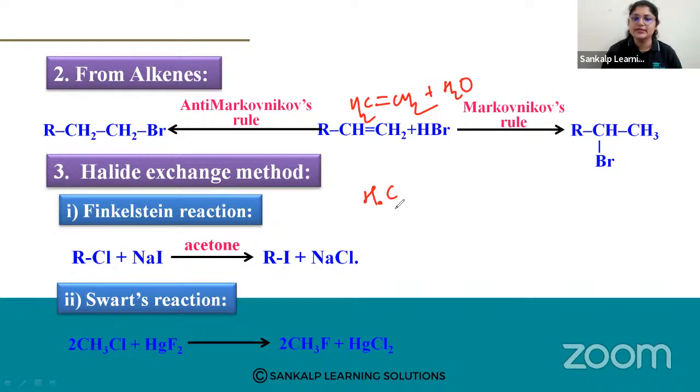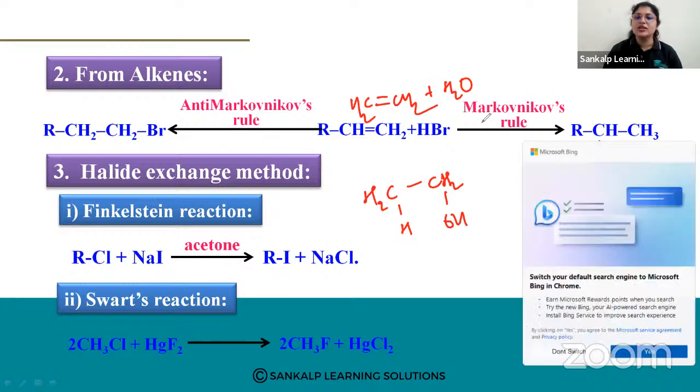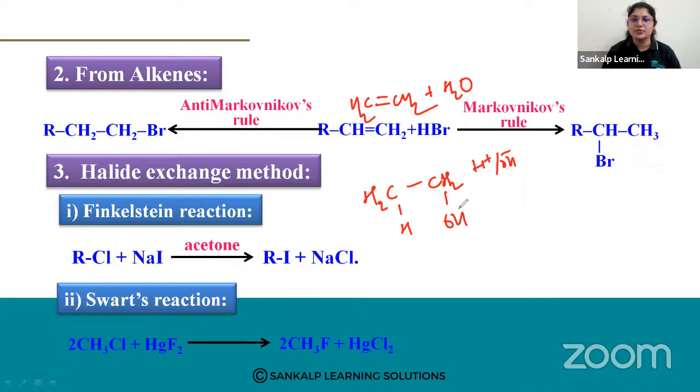It can add as CH2OH, anywhere, because it is symmetrical. Water splits into H plus and OH minus ion, so across the double bond, it can add to either carbon. This is the case of a symmetrical alkene.